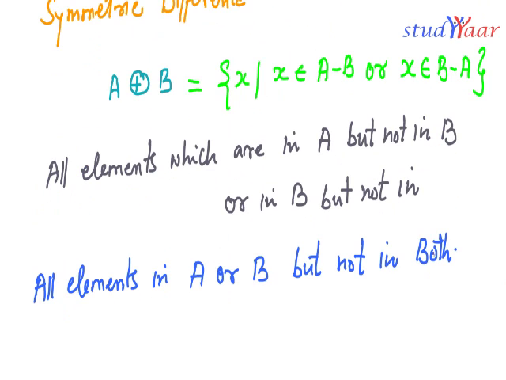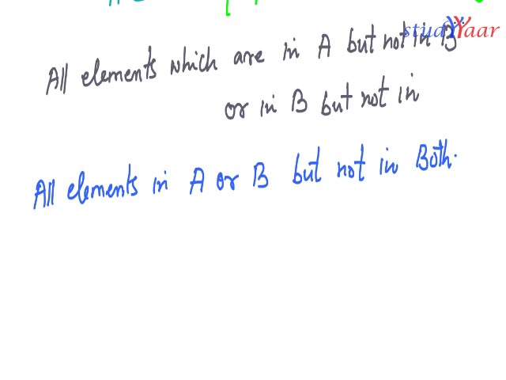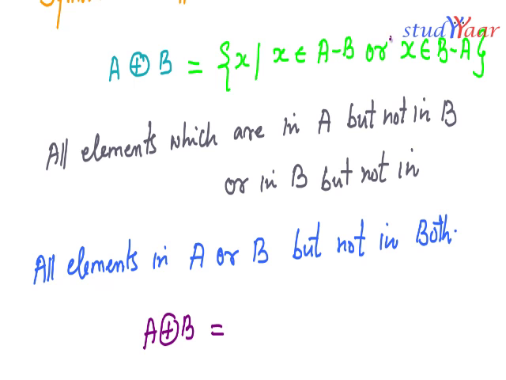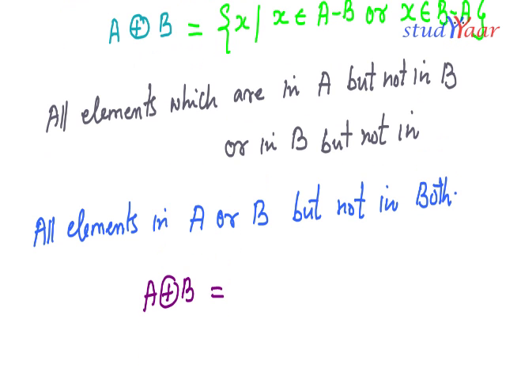From this definition only, one thing is very clear: the symmetric difference of A and B is basically equal to, just look at this, your OR is union. It is equivalent to the union operator.